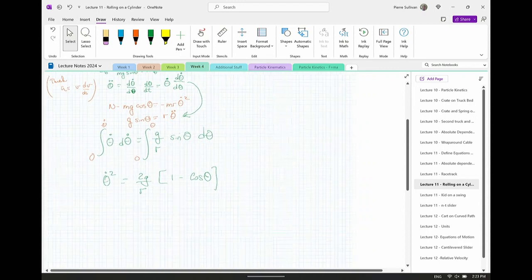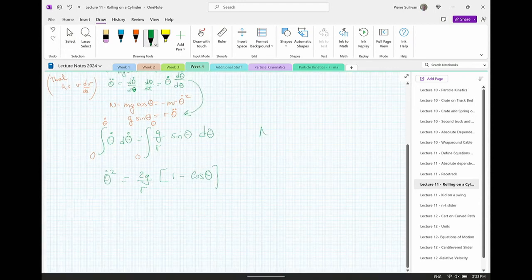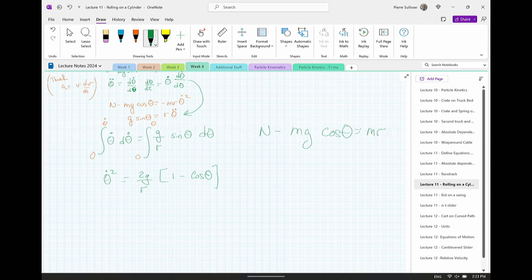Okay. On the other side, I have n minus mg cos theta equals negative mr theta dot squared.